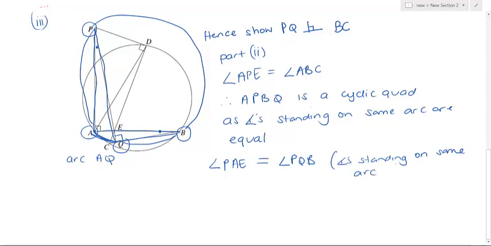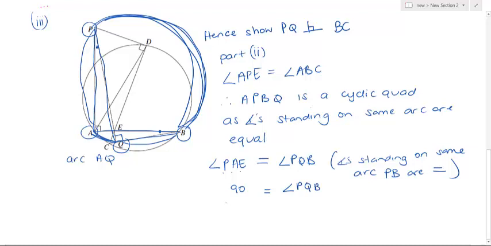The arc that they're both standing on is PB. Because these two angles are equal, and we already know that PAE is 90 degrees, we can also say PQB is 90 degrees. Therefore, I've shown that PQ is perpendicular to BC, because PQB is 90 degrees. So that's how you do the final question.